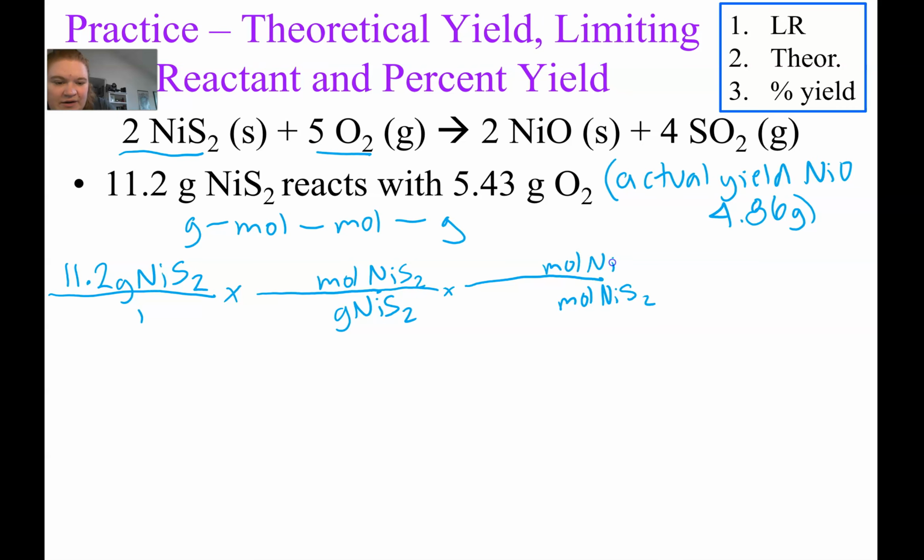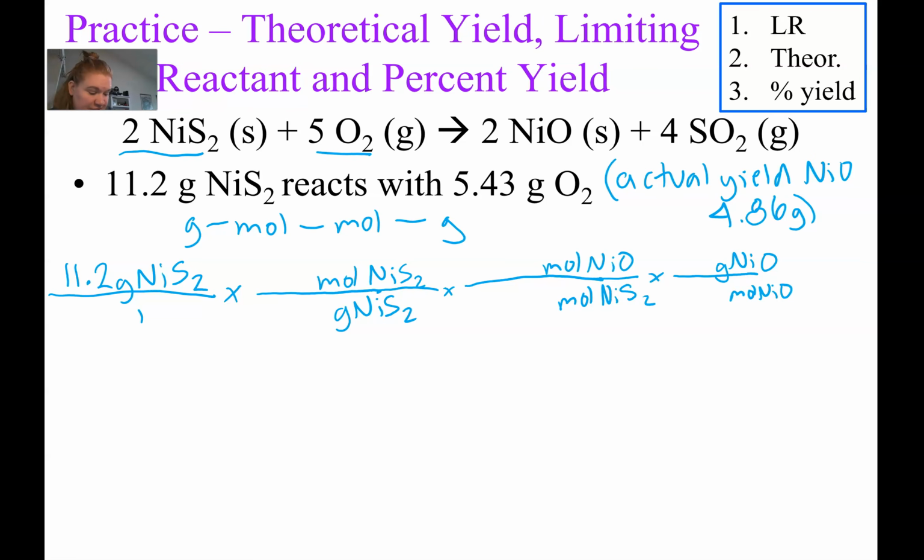Moles of nickel oxide on the top. And then my last conversion factor, moles of nickel oxide on the bottom and grams of nickel oxide on the top. So by the time I finish this, we won't have any answers because we're going to have to do the same thing with the oxygen. And then once we have that, we will be able to answer the first 2 questions.